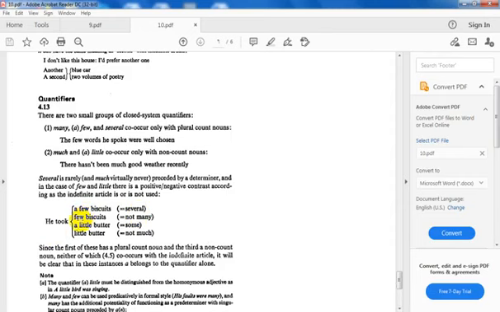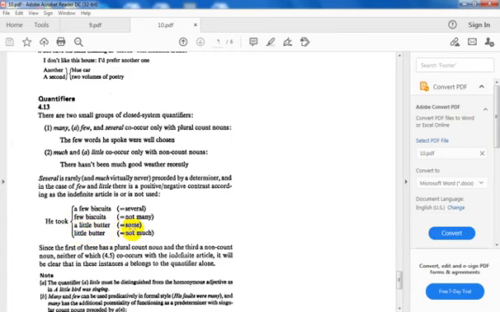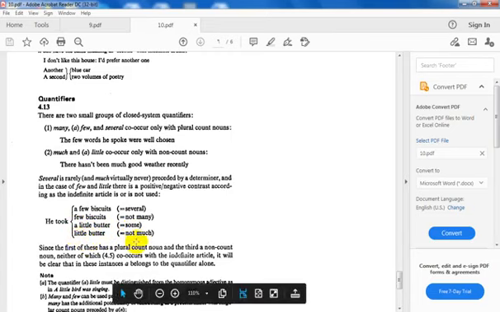But when you say few biscuits, it means not many, negative meaning. A little better gives us positive meaning, some. A little better without a will give us negative meaning.